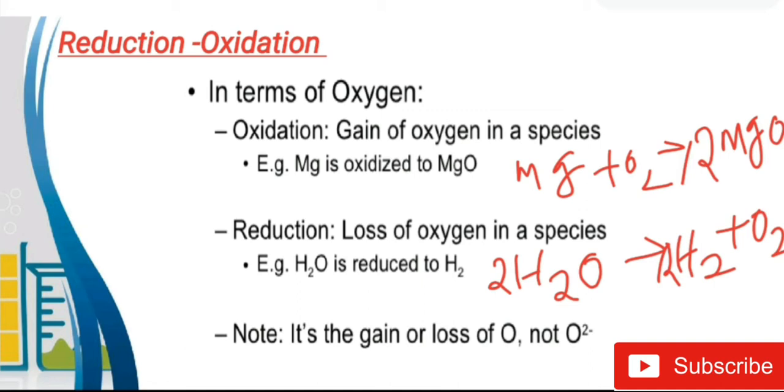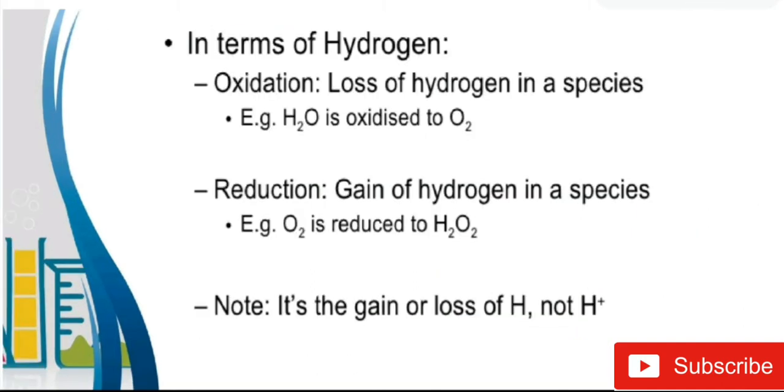So in this process, water undergoes reduction because there is a loss of oxygen from the water to produce the hydrogen. If you notice, in the reduction and oxidation process, there is a gain or loss of oxygen atom, not oxide ion.